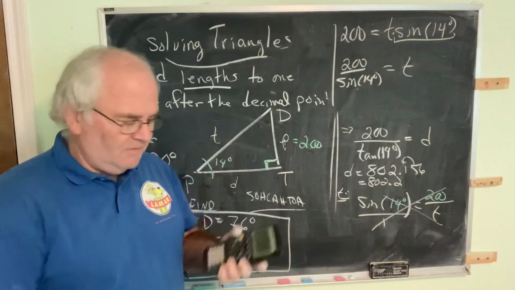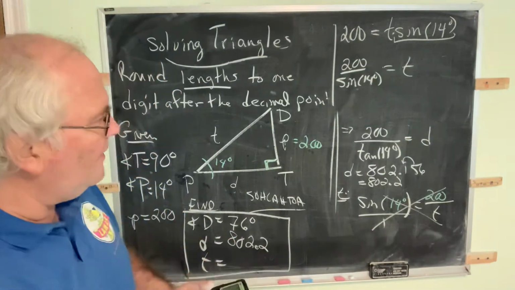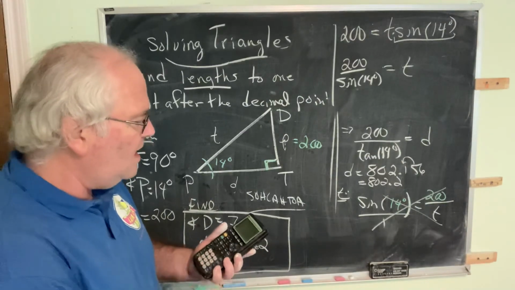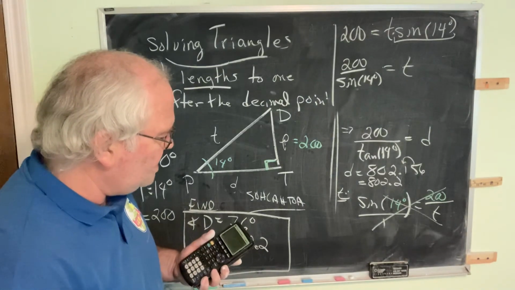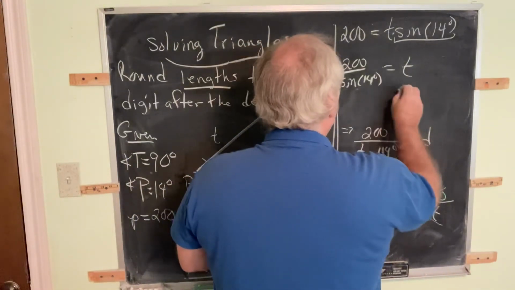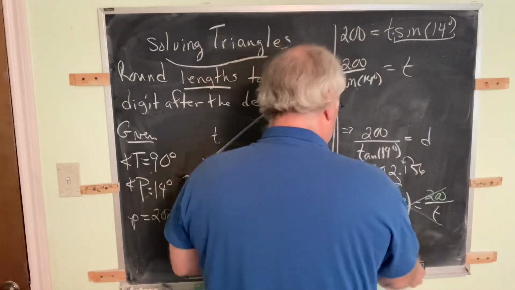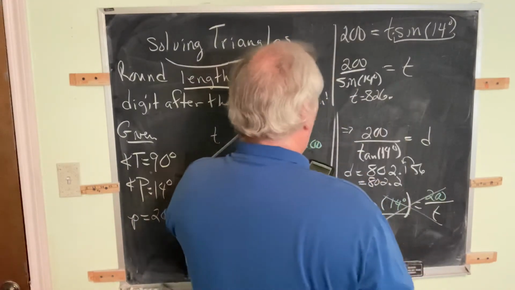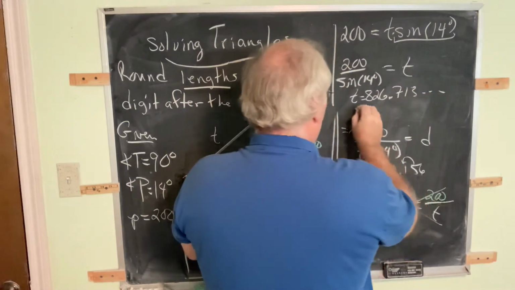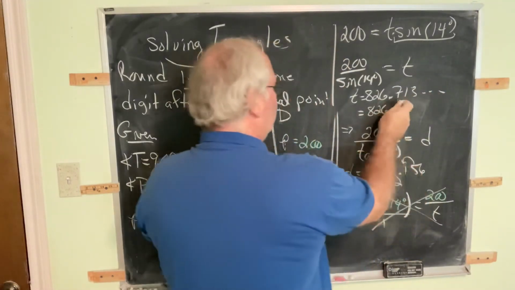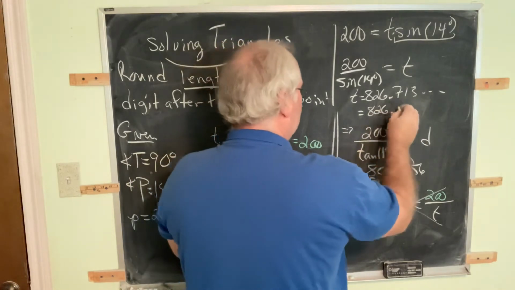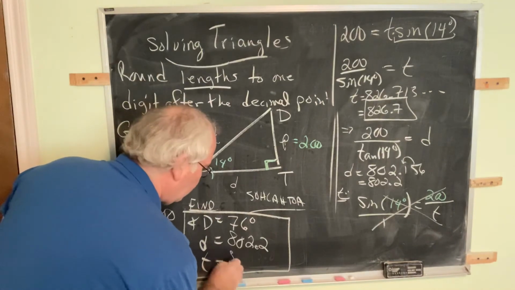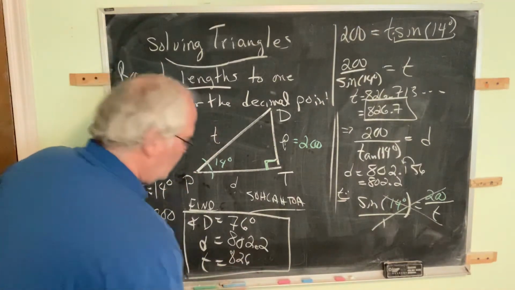Let's go to the calculator. We have 200 divided by the sine of 14 degrees, and what I have is 826.713, and I'm going to round that to one decimal place, 826.7, and it's all over but the shouting.